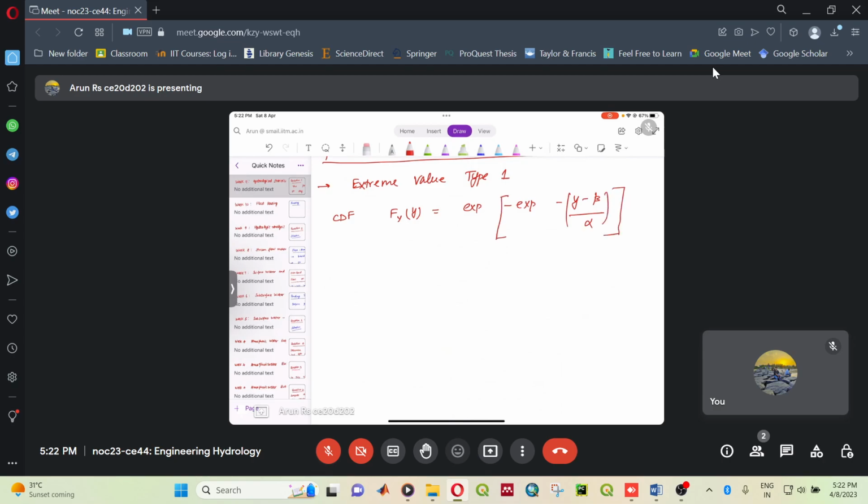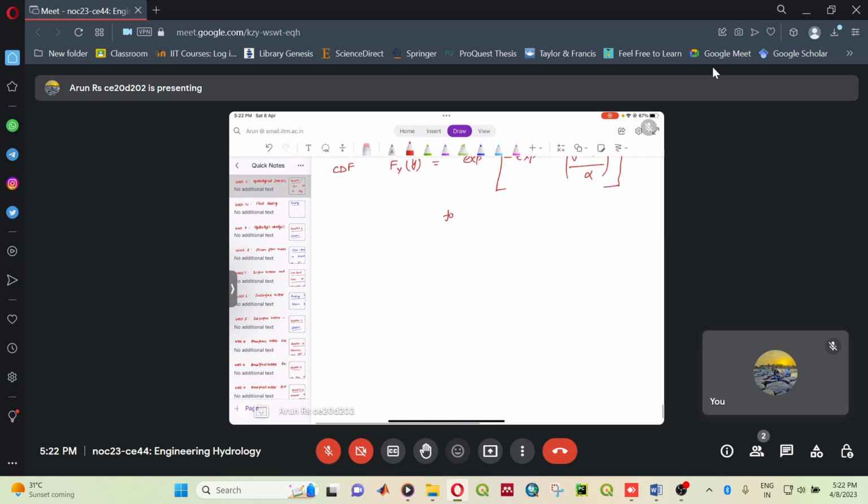So this is a double exponential. Here y varies between minus infinity to plus infinity. Beta also varies between minus infinity to plus infinity, but alpha is always greater than 0. And alpha is the scale parameter, and beta is the location parameter.